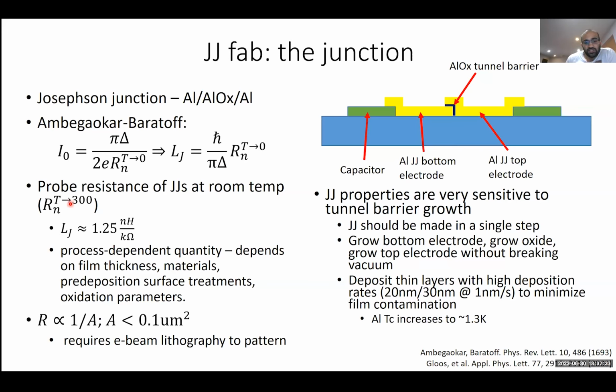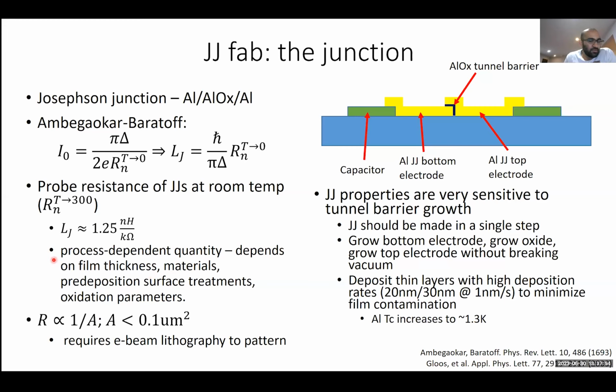There's also a relationship between the room temperature resistance and the resistance just above TC. That's given from this paper. That, combined with the AB relation, basically gives you a resistance in kiloohms to LJ ratio that's around 1.25 nanohenries per kiloohm.